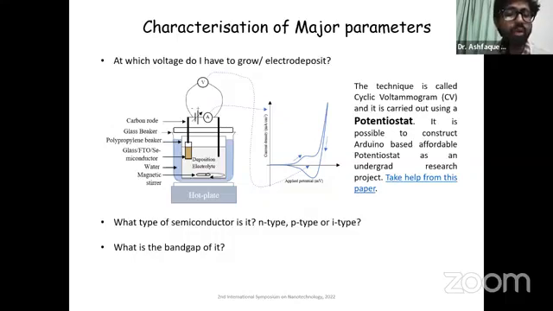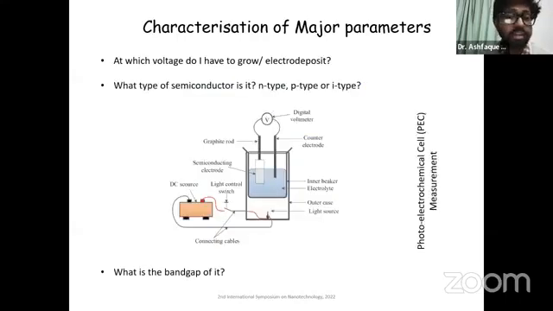Then the question is, how do we find out the conductivity type: N-type, P-type, or I-type? There is a very simple setup called the photoelectrochemical cell measurement setup. In this setup, we measure the voltage across two electrodes, where one electrode is the deposited layer and the other is just a carbon or graphite electrode. We measure the short circuit voltage between them under illuminated and dark conditions.